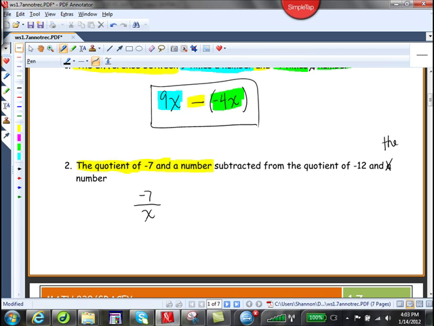Then it's going to be subtracted from. So subtracted from is going this way since it's subtracted from. Okay, and this was the quotient of negative 7 and a number. And then the quotient of negative 12 and the number. So that one would be written as negative 12 divided by the number. And that would be our blue.